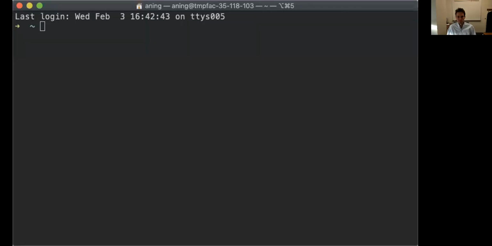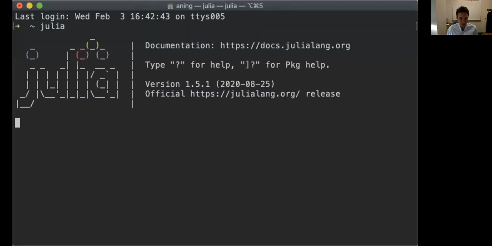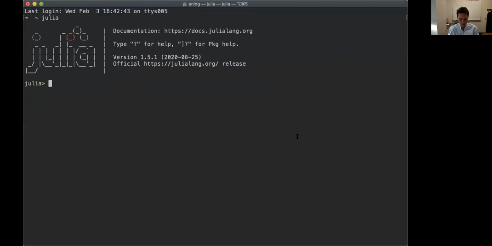So let me share my terminal here. I'm going to open up the programming language here. Remember, we've been looking at this function last time, something like the square root of sine of x cubed plus the cosine of x cubed, just some example function.